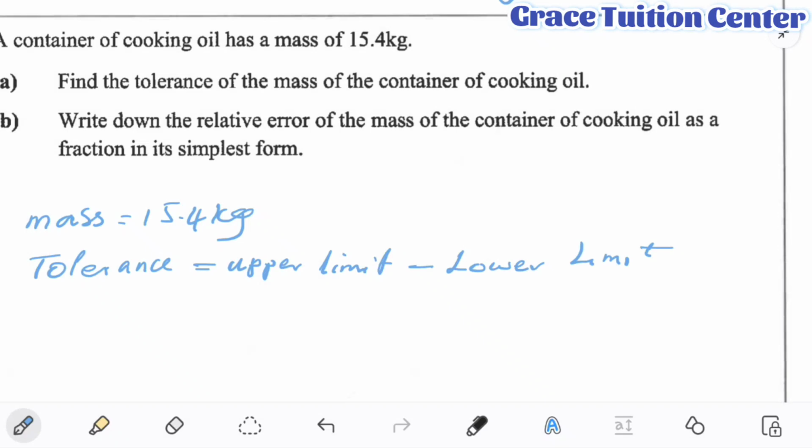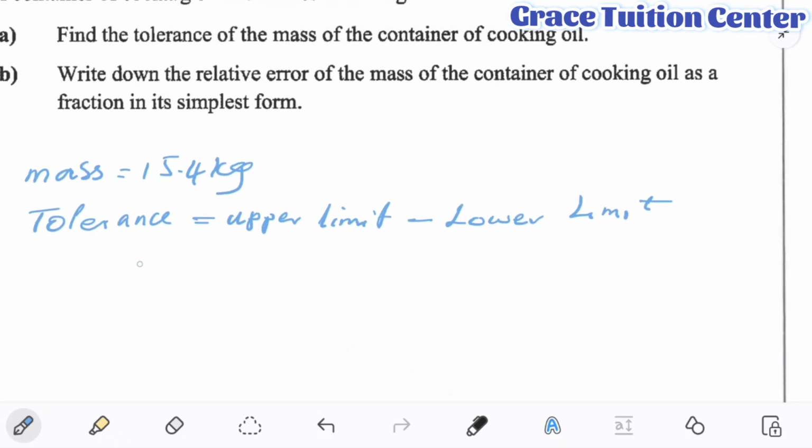Now, let me explain it in this way. When we talk about the upper limit and lower limit, we are talking about what we call the absolute error. Every time you are measuring something, there's a very high chance that the quantity you record as the measure won't be precise.